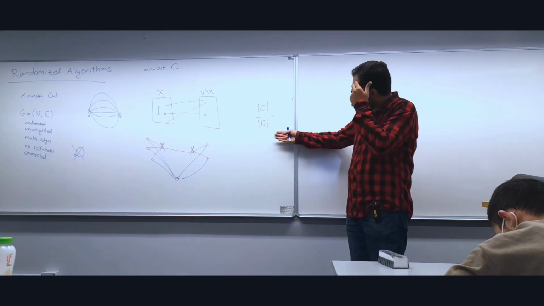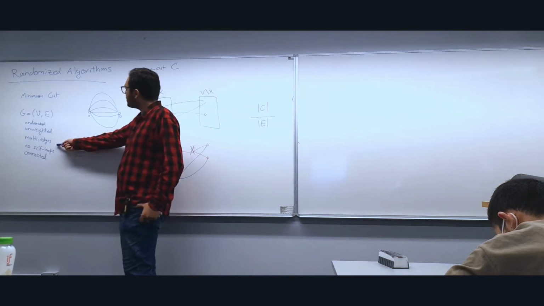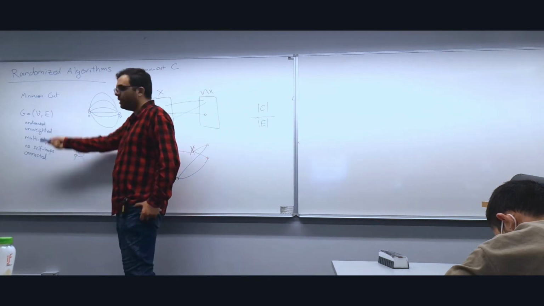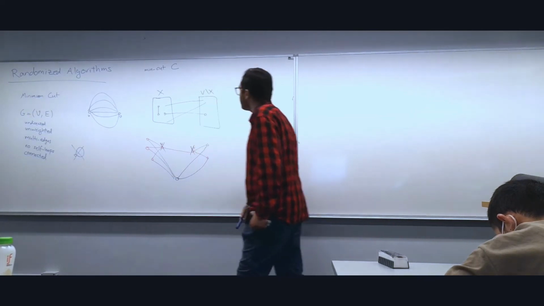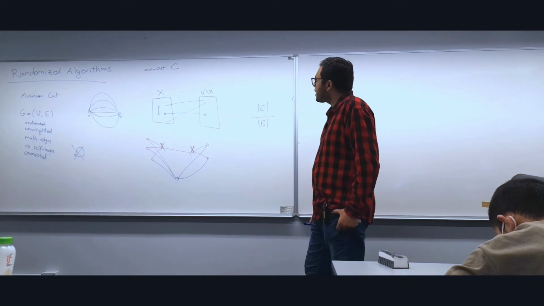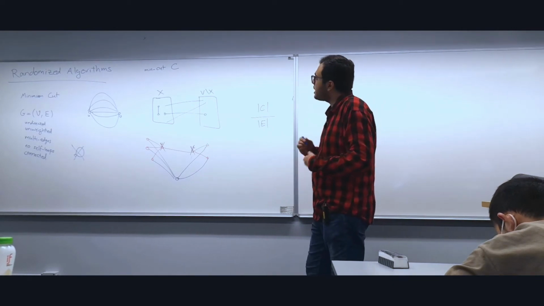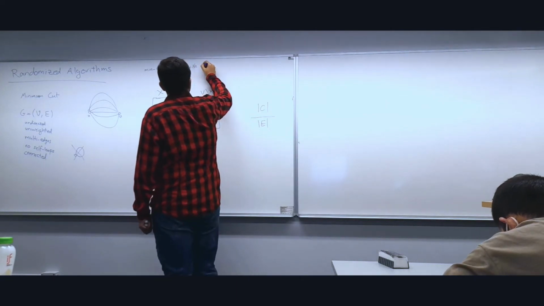But this is not a great bound because, here's the thing, I have multi-edges, so I don't really have a bound on E. And I don't really know anything about C either. So let's do something. Let's say that my MinCut has exactly K edges.